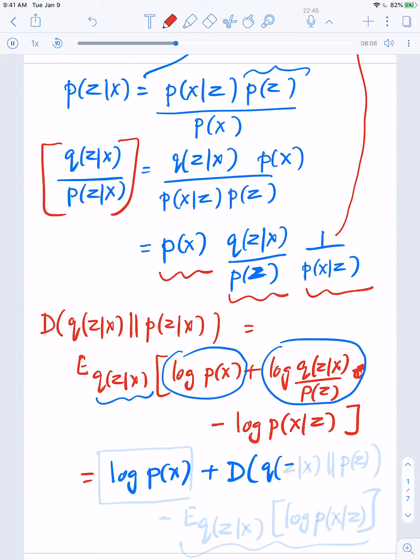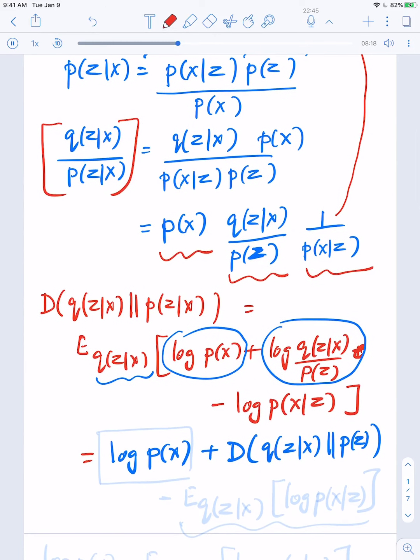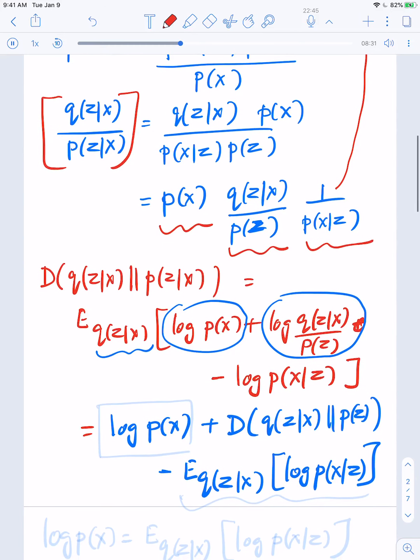It's a KL distance between Q of z given x and P of z. And remember that P of z is some desired density that I want my latent vector to come from. So that's actually known. And then I have minus the expected value under the encoder approximation of what's happening with the decoder. Right? So I have this term happening.